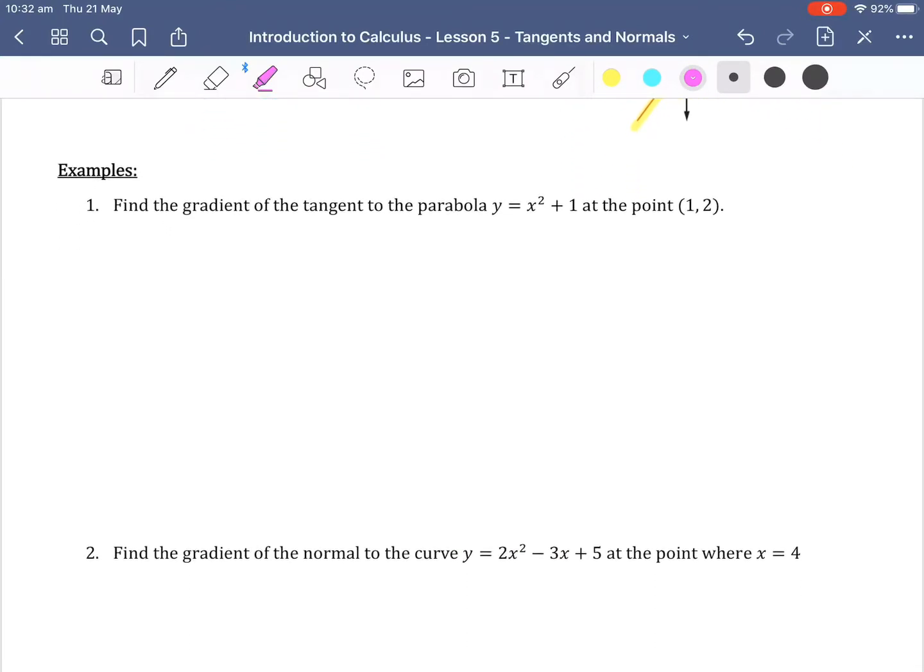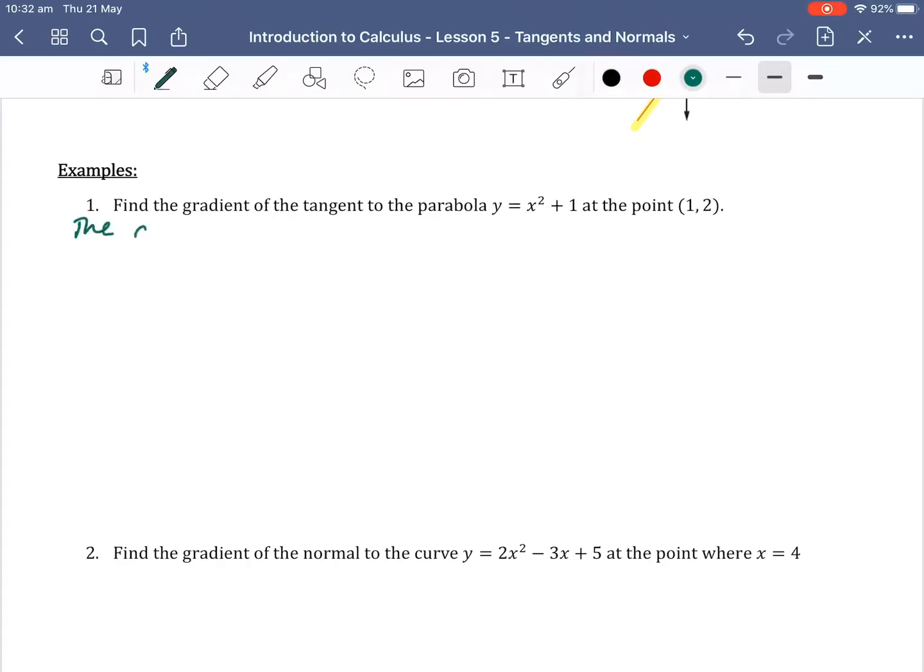We want to first find the gradient of the tangent to the parabola y equals x squared plus 1 at the point 1, 2. So we first want to find our gradient.